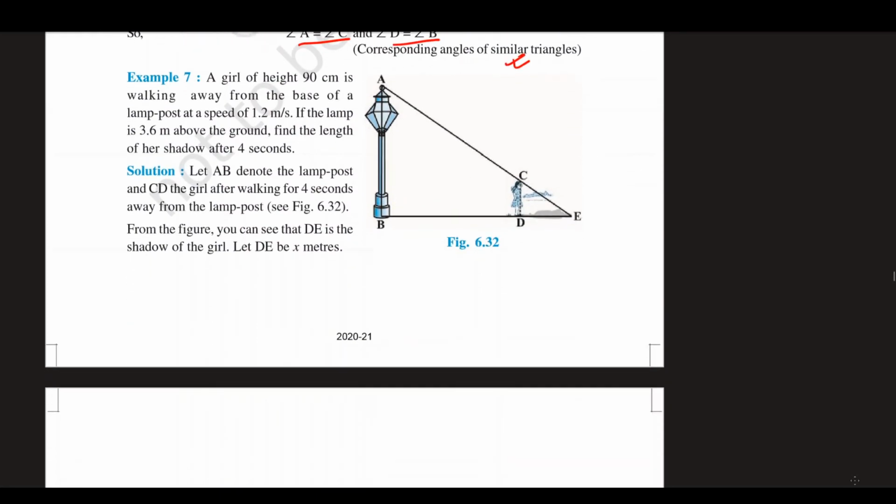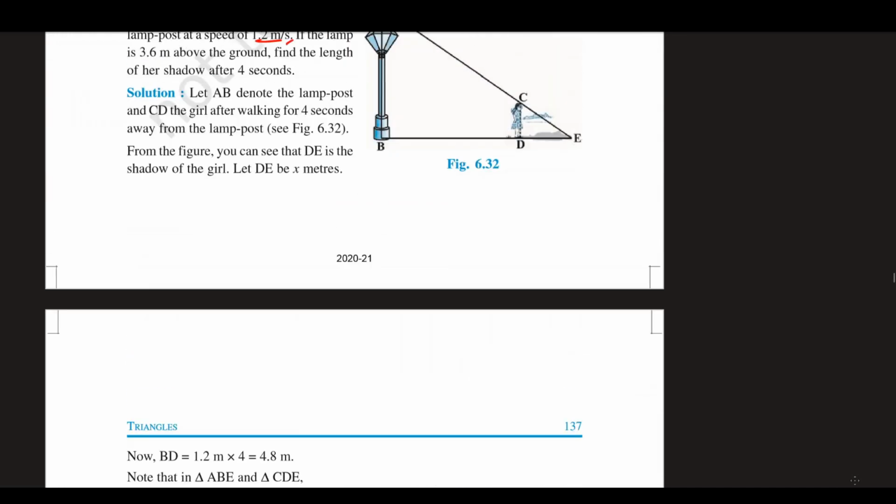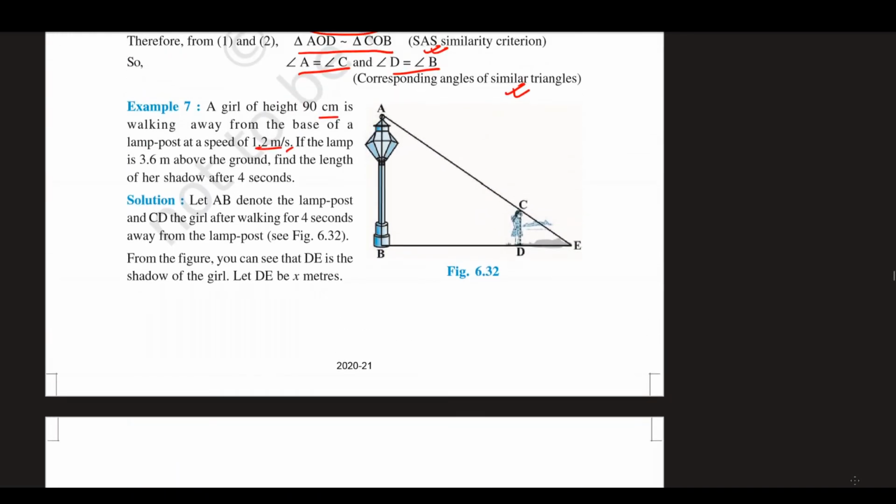Then we have this question. A girl of height 90 centimeters is walking away from the base of a lamp at 1.2 meters per second. If the lamp is 3.6 meters above the ground, find the length of her shadow after 4 seconds. Okay, so it is not very difficult.